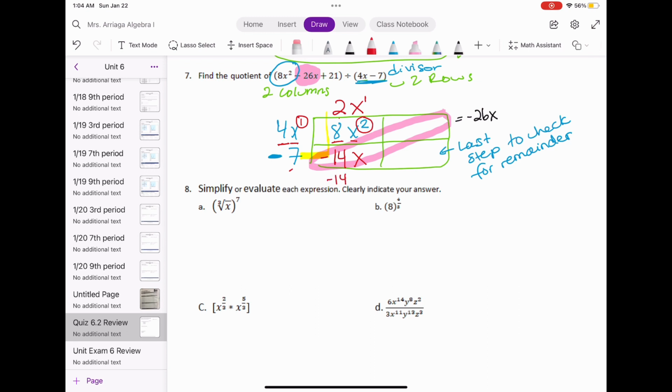So you already have negative 14. How much more do you need to subtract to get to negative 26x? Think about it for a second. And the answer is 12x. Negative 14 minus 12 is negative 26.